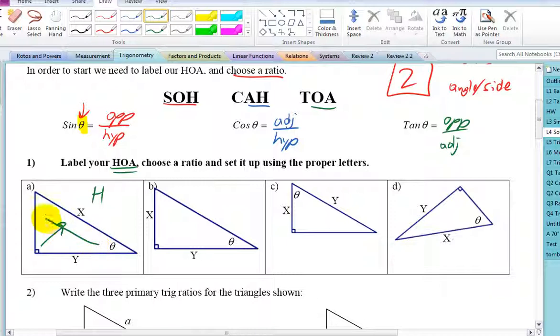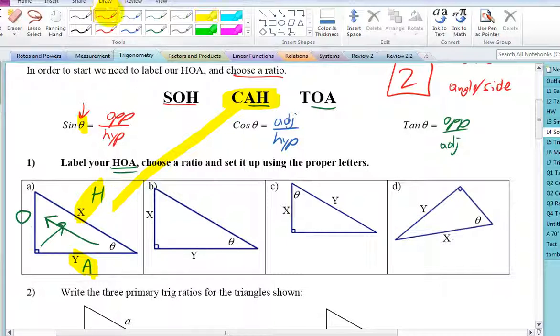Here's the hypotenuse, across from 90. There's the opposite of the angle, and adjacent's left over. So when you're choosing a ratio, you're talking about side x and side y, which are A and H. Which ratio has A and H in it? Cosine.